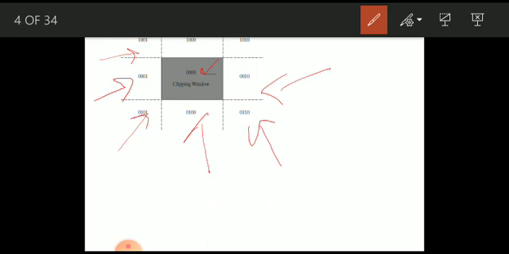That means only the right bit is activated. The top right region is given the region code 0101, indicating only the right and the top bits are activated. And the region exactly above the clipping window is given the region code 1000, indicating only the top bit is set to 1.